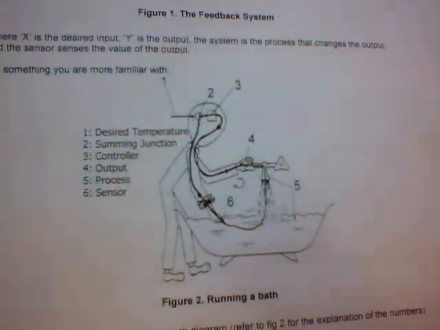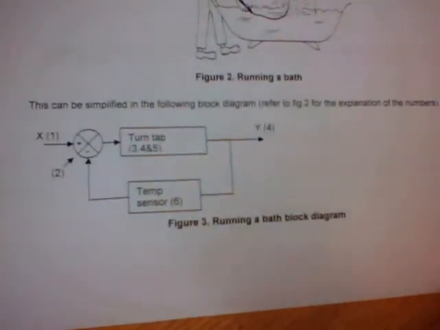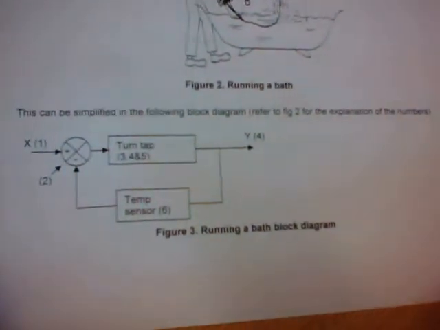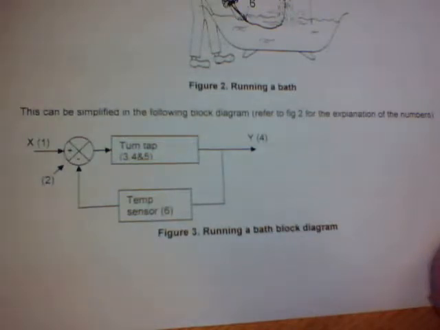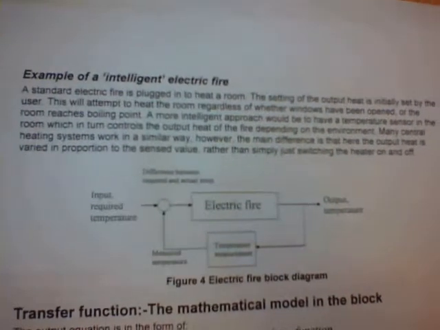So it's worth just having a look at these numbers and associating them with the block diagram. And further down here we have a block diagram representation of running the bath, so it's worth spending some time to see that.